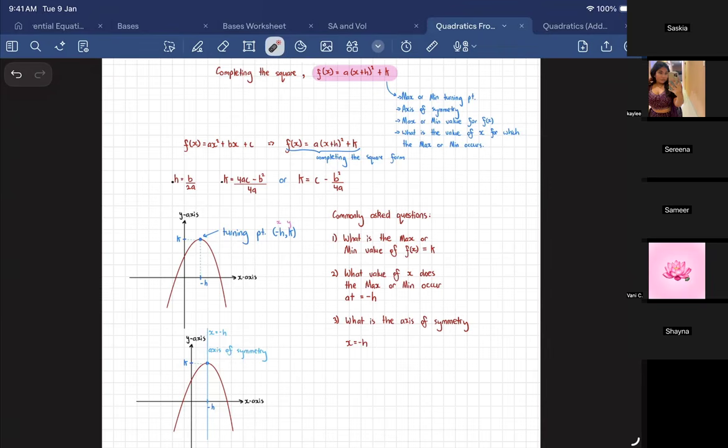Now, Sienna, at x is equal to negative h, you're going to get what value? When x is negative h, you're getting what value? The turning point or the x value? Here's what I'm saying: when x is minus h, that's the input. What value are you going to get out?